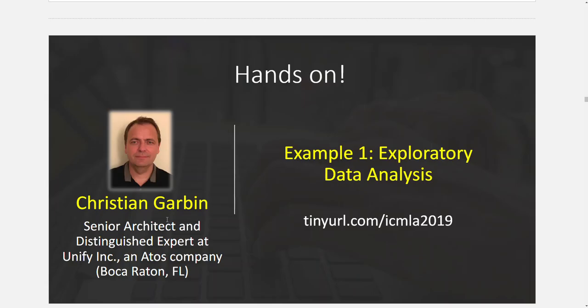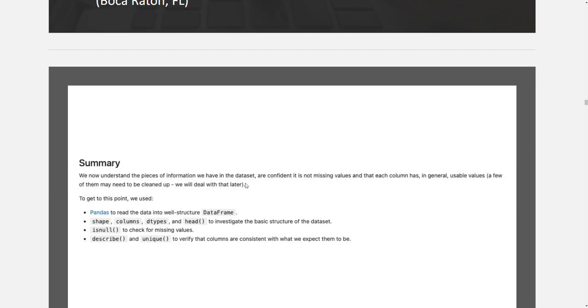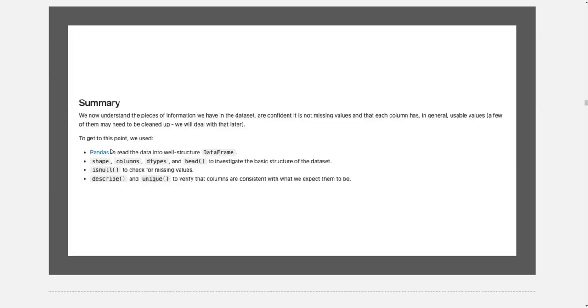We started with the EDA aspect, and we've walked through that. We dealt with pandas, we looked at the shape, the columns, the data types. We know what the head is, how many rows a head function will return, and how to modify it to increase or decrease how many rows are returned.